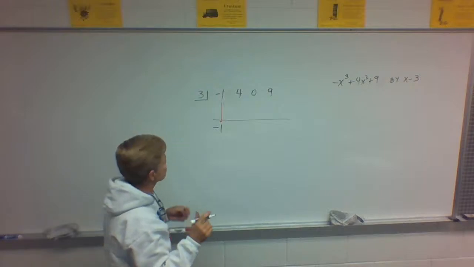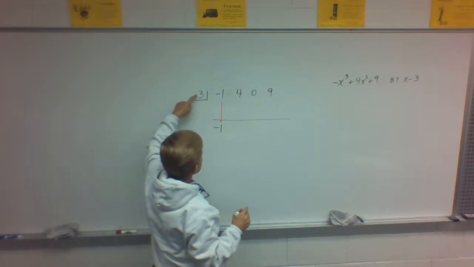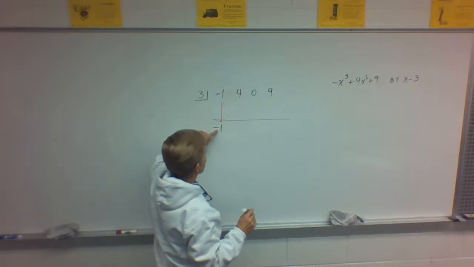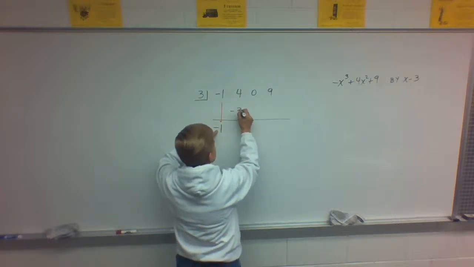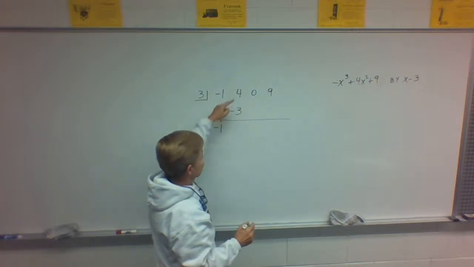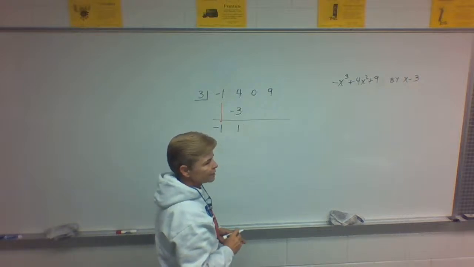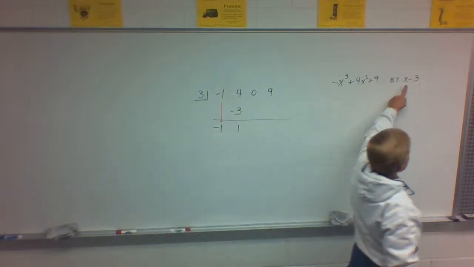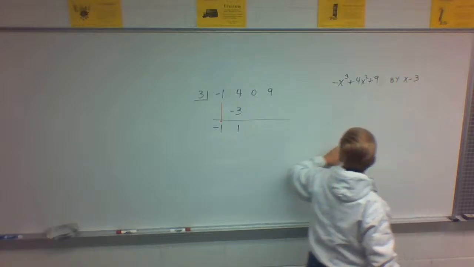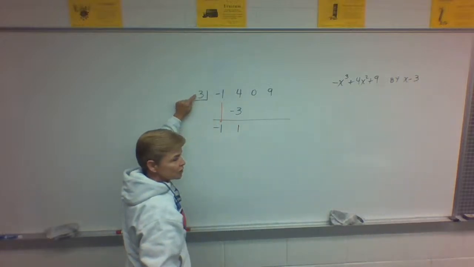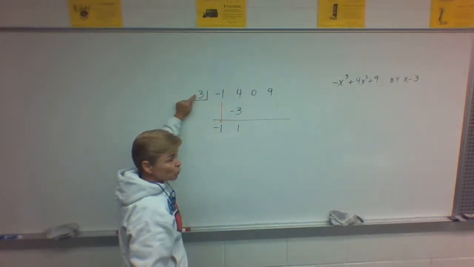Here goes, watch. You take the thing in the box, times this number below the line, and write it here. And add. Not subtract, add. Why not subtract? When you changed the sign on this, when you chose what makes this 0, you built in the change in sign for every process. It's really cool.